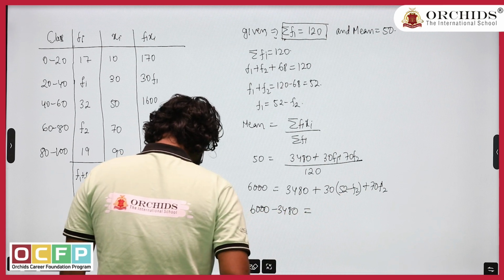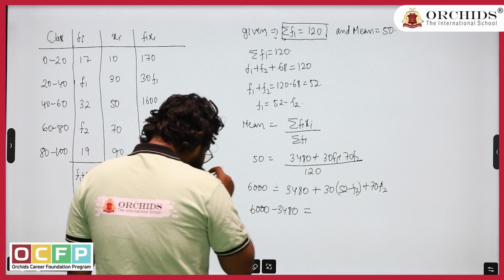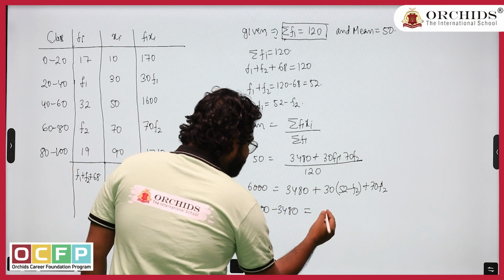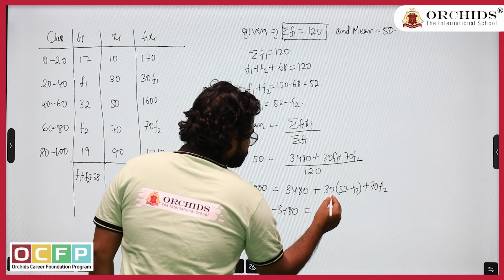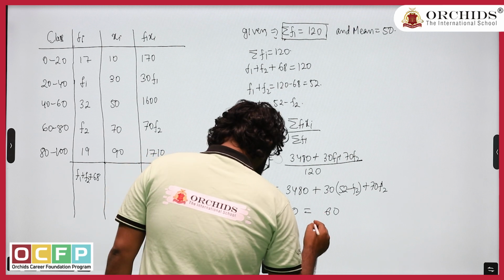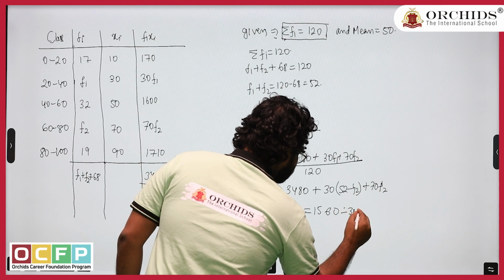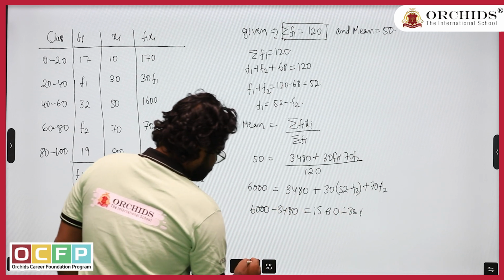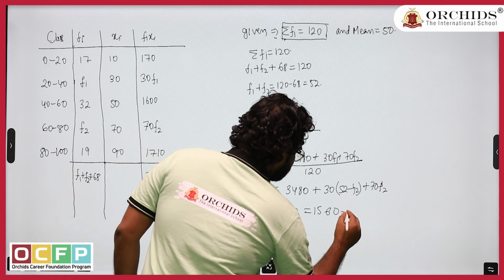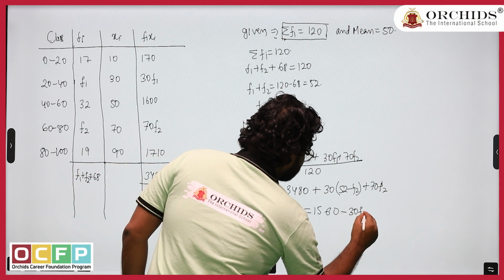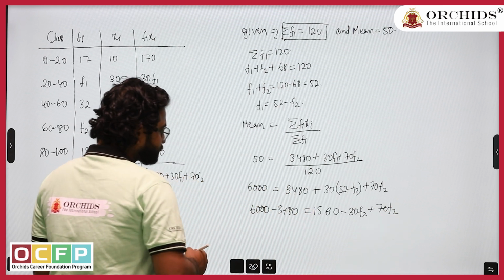It is equal to 30 into 52, which is 1560, minus 30 f2 plus 70 f2.